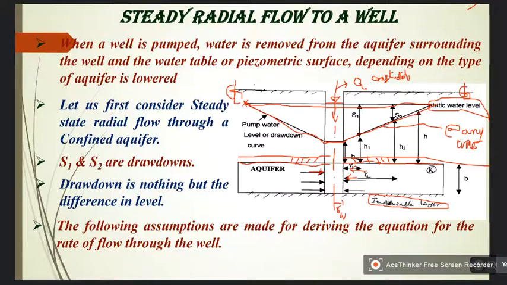Q is the discharge in meter cube per second. So at far off distance, there will not be any drawdown. Drawdown means the level by which the water level drops. Now if I consider a section here, here drawdown is this.